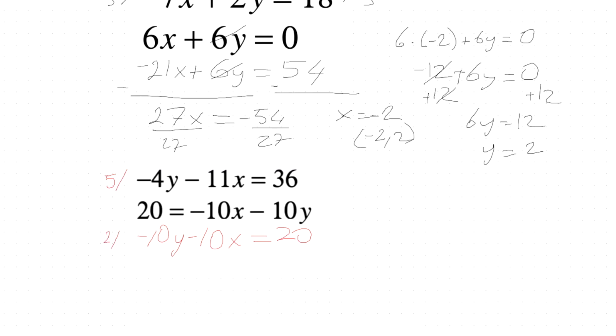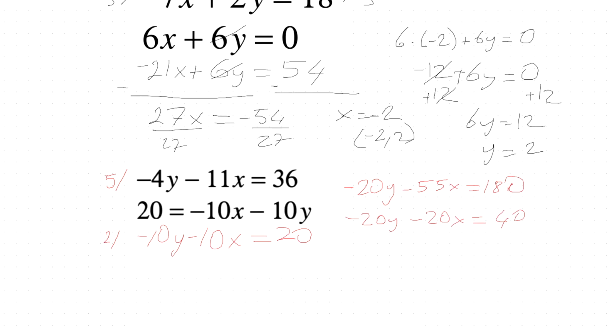And in the new equation, let's write it over here, negative 20y minus 55x is equal to 5 times 36, which is 180. And 2 times negative 10y is negative 20y, negative 20x is equal to 40. This is 180 again.